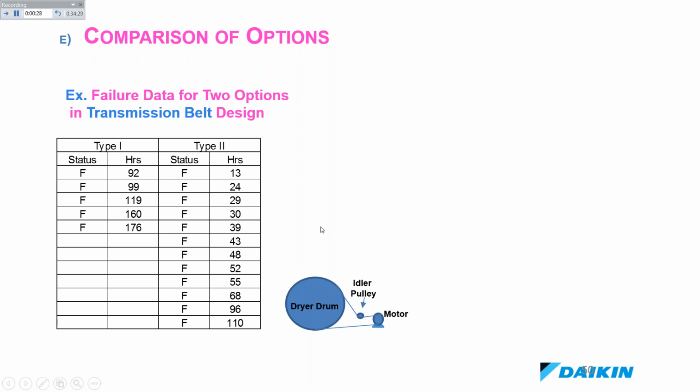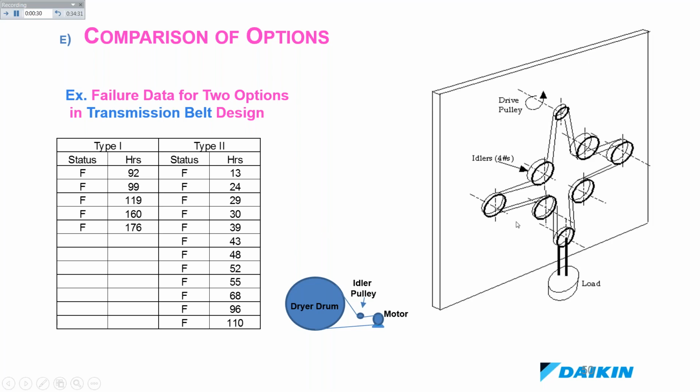So I make a test fixture called a serpentine test fixture, and I create reverse bending because that's my main failure mode. This is a drive pulley. I can give different loads here, and I drive it at the speed I want, and I can make all of them fail. And this is my existing supplier. So I took the existing supplier's belts and put them in this fixture, and I have these values.